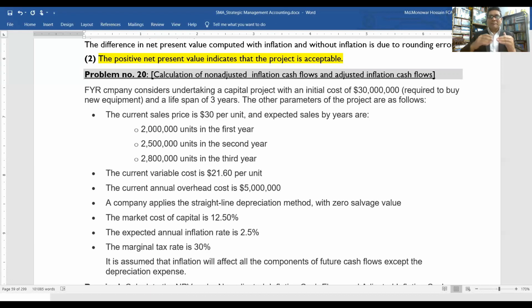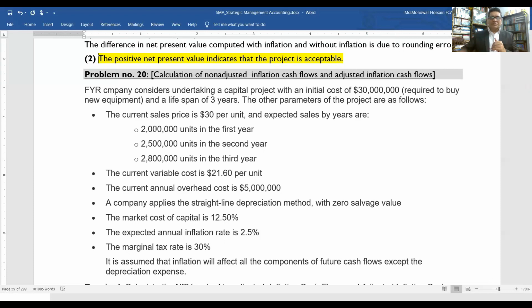The other parameters of the project are: the current sale price is $30 per unit, and expected sales by year are first year 2 million, second year 2.5 million, third year 2.8 million.